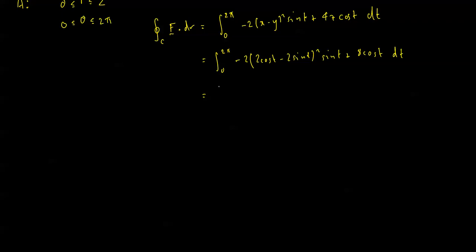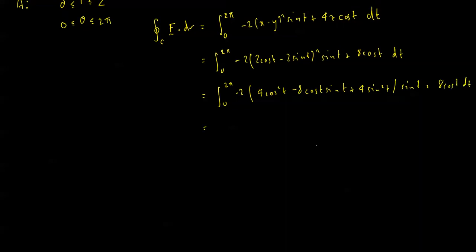So I just need to expand this out. From 0 to 2 pi, negative 2 times 4 cos squared t, then minus 8 cos t sin t, since 2 times 2 is 4, times 2 is 8, plus 4 sin squared t, all times sin t, plus 8 cos t dt.